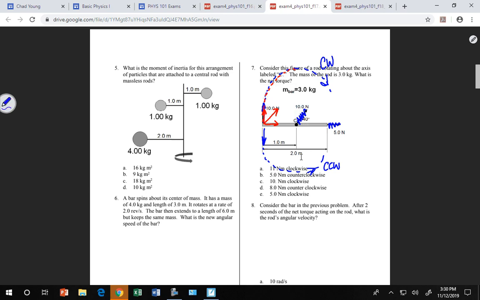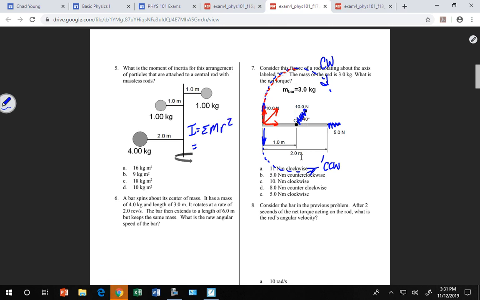And so you need to identify first, am I dealing with discrete particles or am I dealing with a shape? And you can tell by the axis of rotation. Is the axis of rotation internal to the object? That would be a shape, a sphere, a disk, a cylinder. Or is it external? In this case, it's external. And you would say I is the sum of mr squared.